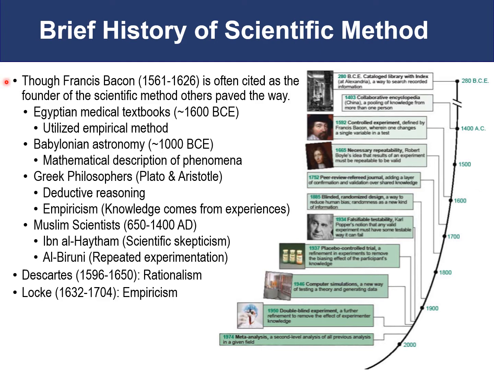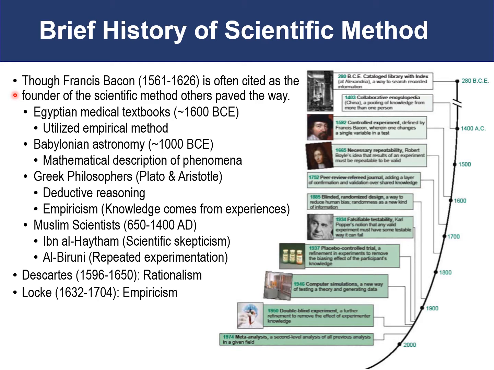The development of the scientific method is often accredited to Francis Bacon, who lived in the late 1500s and early 1600s. He is often cited as the founder of the modern scientific method. What this leaves out is all the work that paved the way for the scientific method.